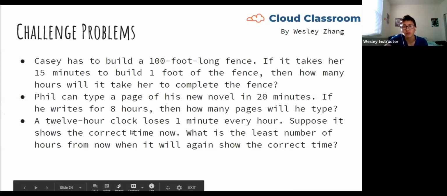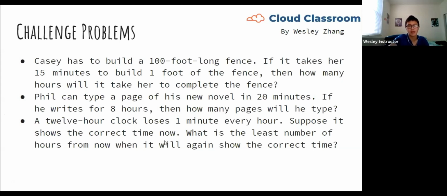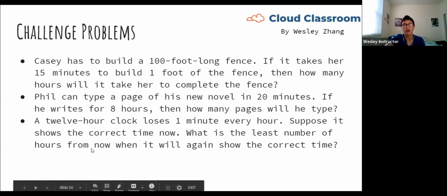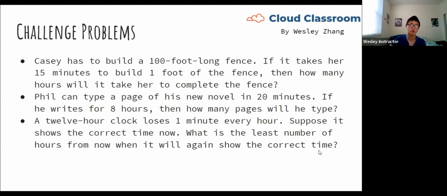All right, a 12-hour clock loses 1 minute every hour. Suppose it shows the correct time now. What is the least number of hours from now when it will again show the correct time? So the clock will show the correct time when it loses 12 hours. And it loses 1 minute per hour.